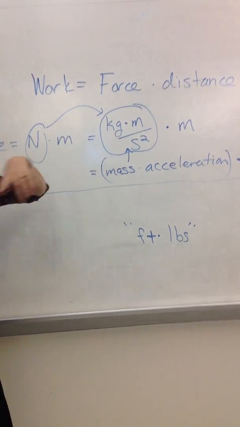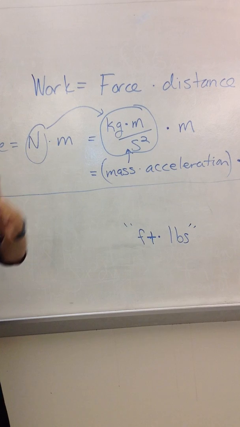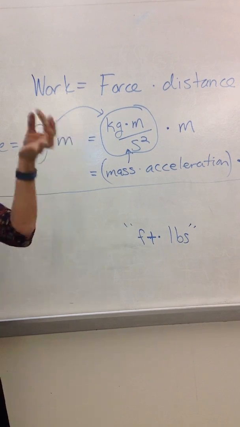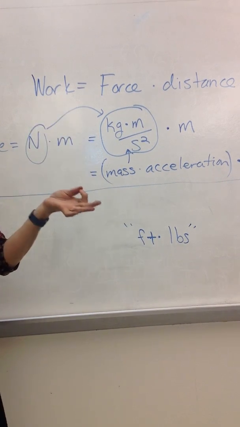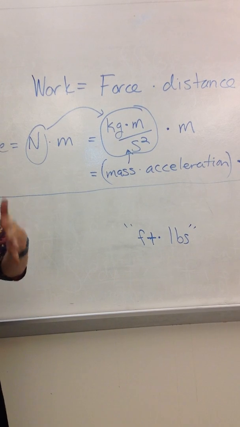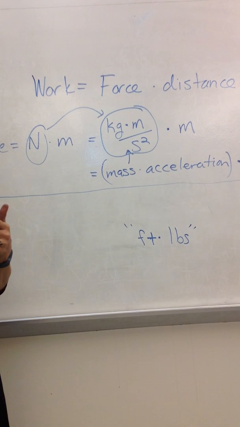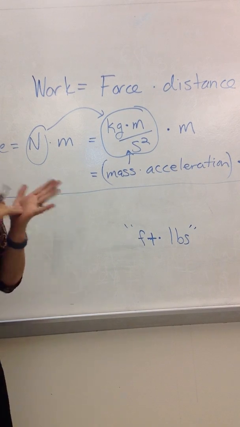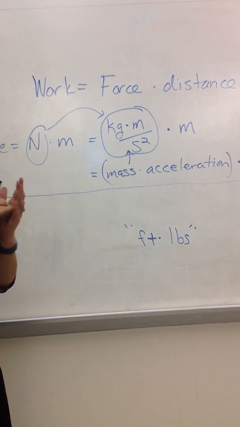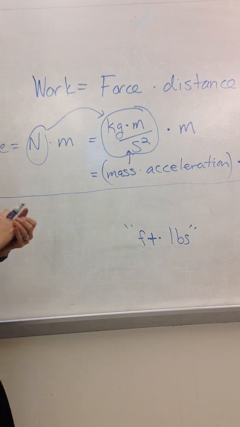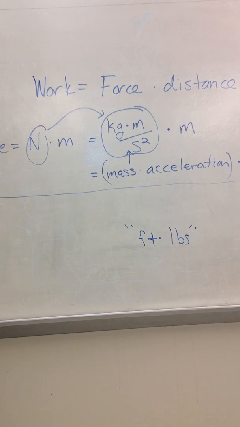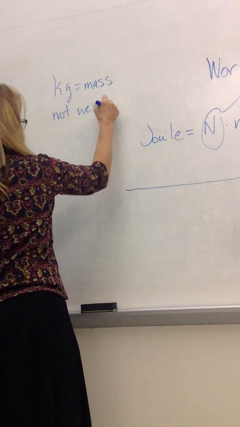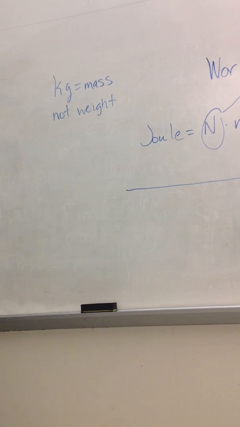They're technically stating a mass, even though they're talking about a weight. So be aware that in our vernacular, people use kilograms to represent a weight, but technically kilograms is not a weight, it's a mass.